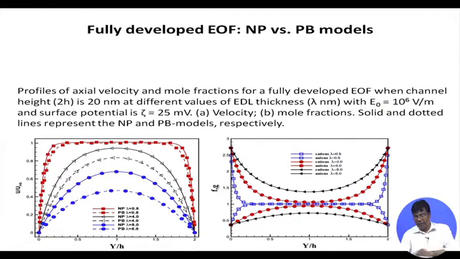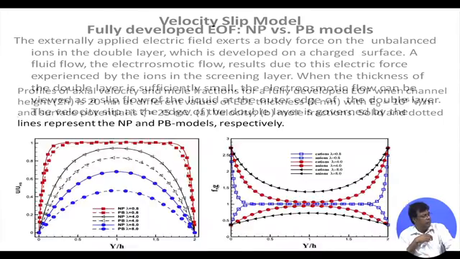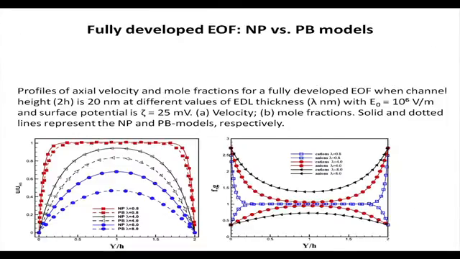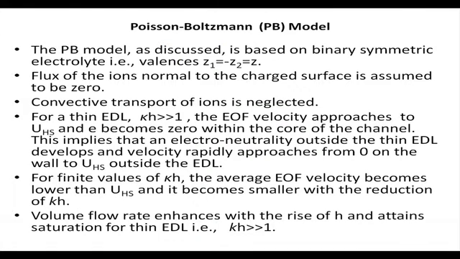However, when the Debye length is of order 1, that means the Debye length is comparable with the channel height, you get a parabolic flow profile.